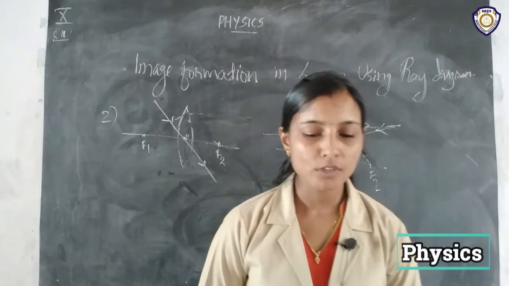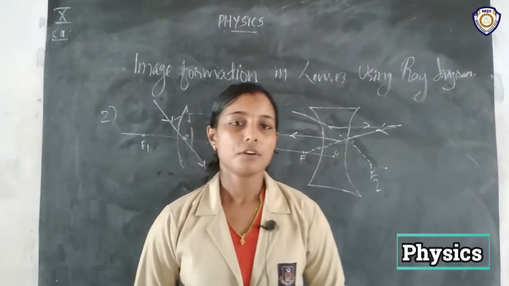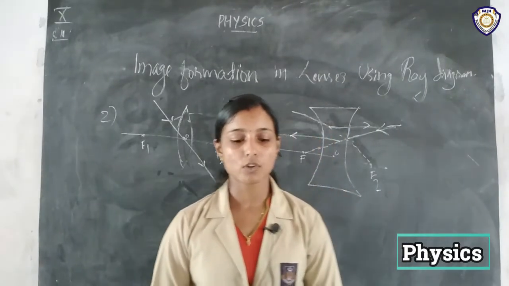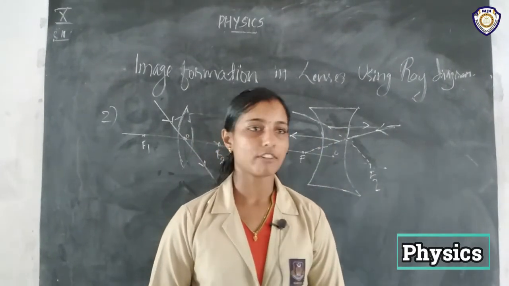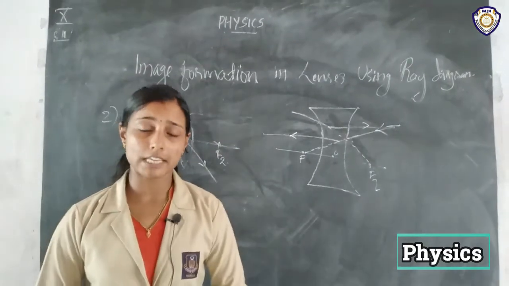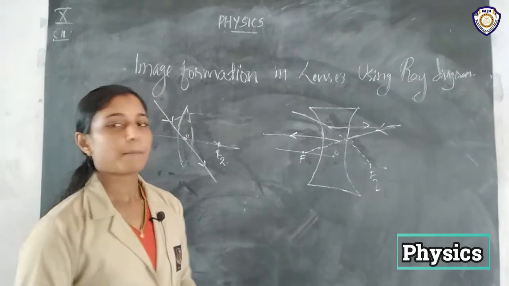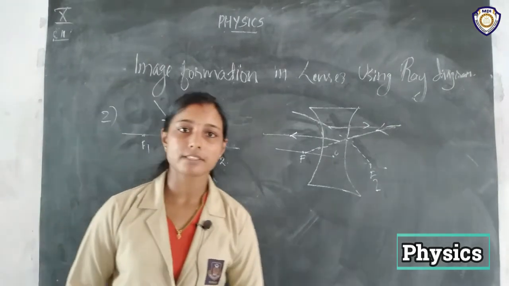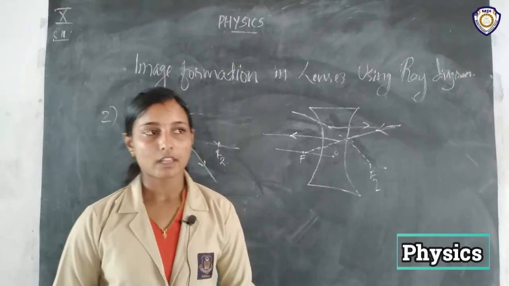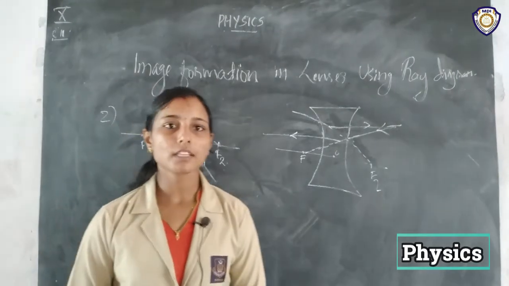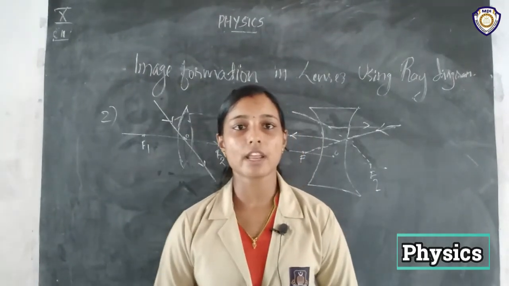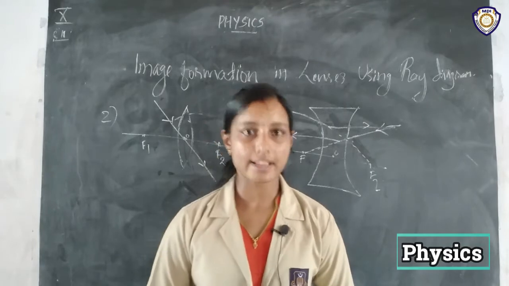Okay. So these are the three rules we should know to draw a ray diagram. So what are the rules? First one, when the light ray is incident on a lens parallel to the principal axis, then what happens? The refracted ray emerges through the principal focus. And second one, the light ray passing through the principal focus, after refraction, emerges parallel to the principal axis.